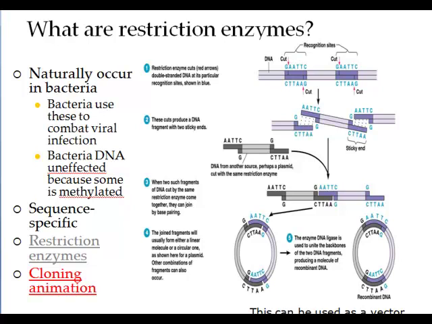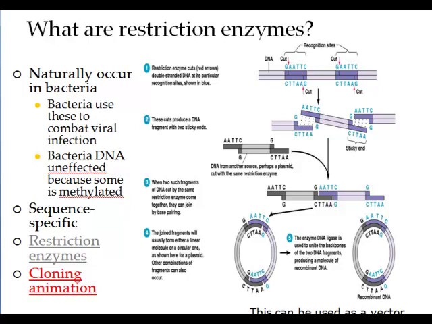For example, some of the restriction enzymes are BamH1 or EcoR1, and they have been isolated from hot spring bacteria that live in very extreme climates. The naturally occurring bacteria used them to combat viral infections.